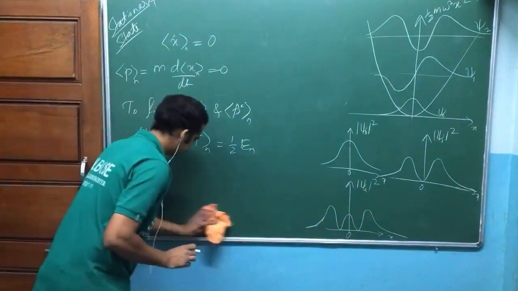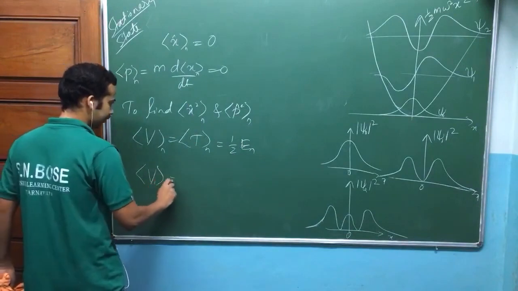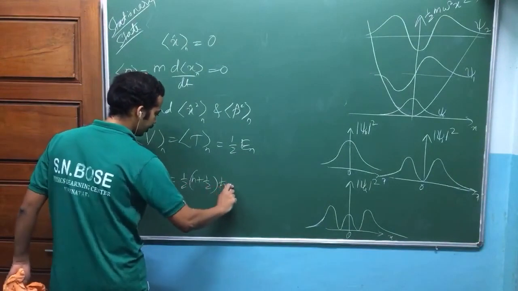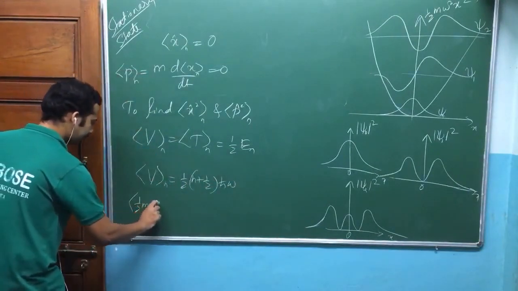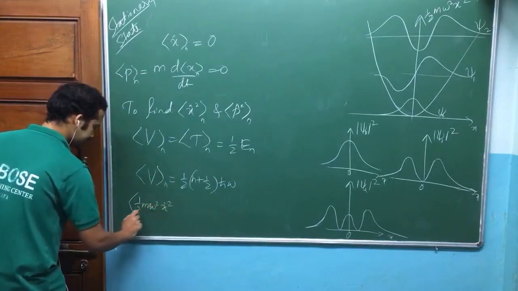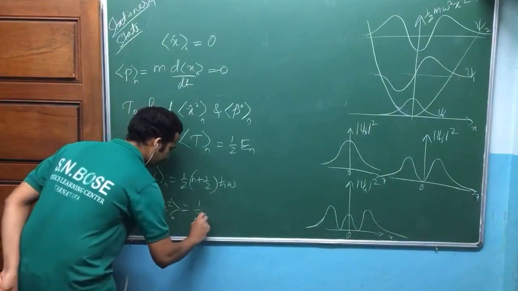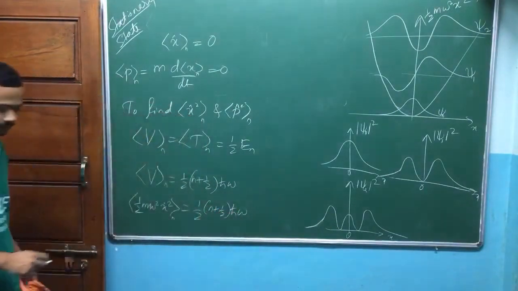That means expectation V for the nth stationary state is half of (n plus half) h bar omega. What is expectation V? Half m omega square x square.